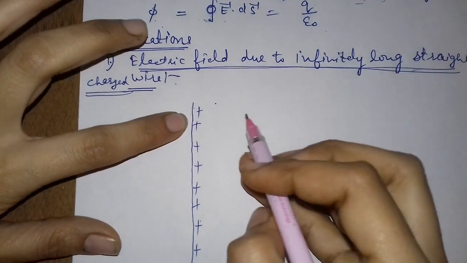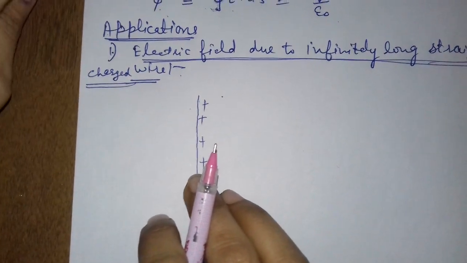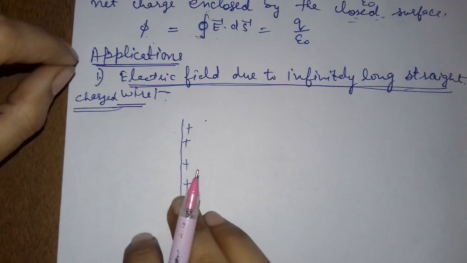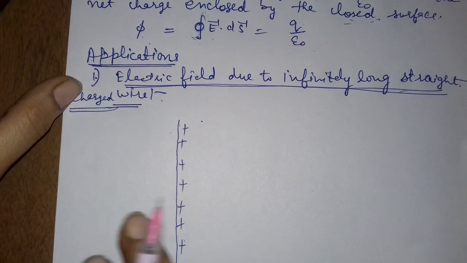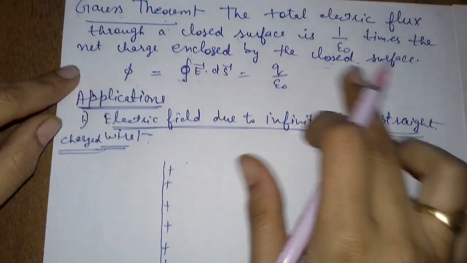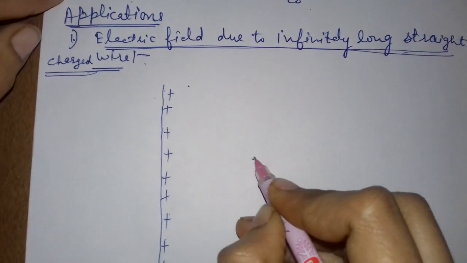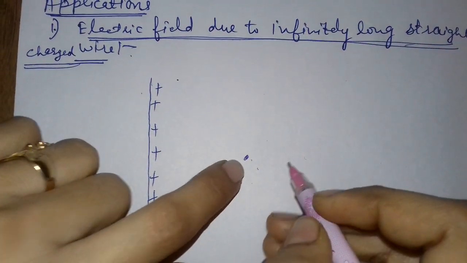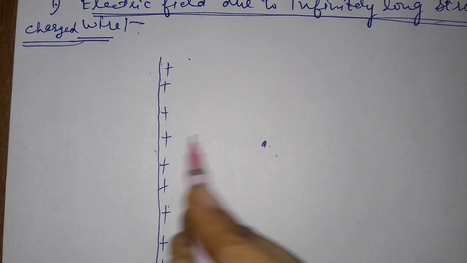right? So whenever we have to use the Gauss theorem, our first step is to select the Gaussian surface, right? Gaussian surface means that closed surface. Suppose this is the observation point where we wish to find the electric field due to this wire.